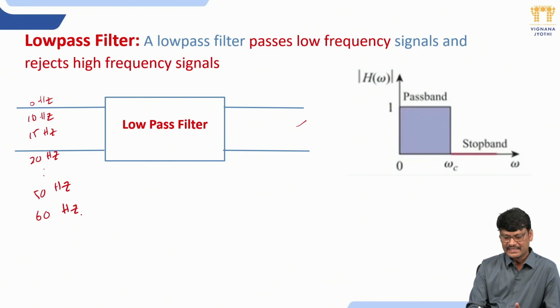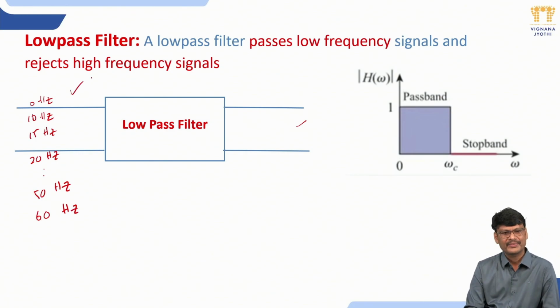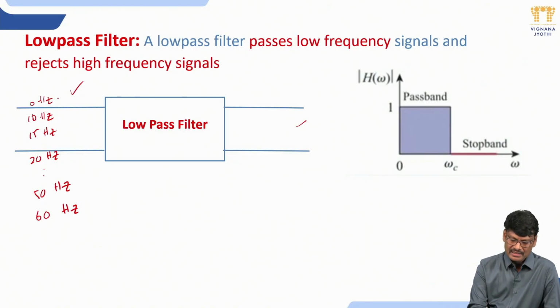So these are the signals available on the input side. Now what is happening here? As this is a low pass filter, it has to pass only the low frequency signals. So I will consider 0, 10, 15 and 20 hertz as the low frequency signals.